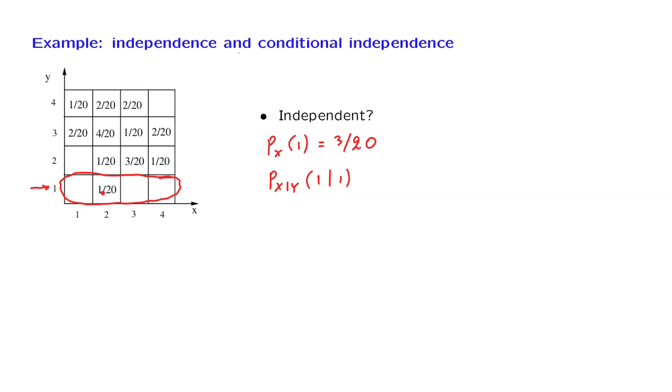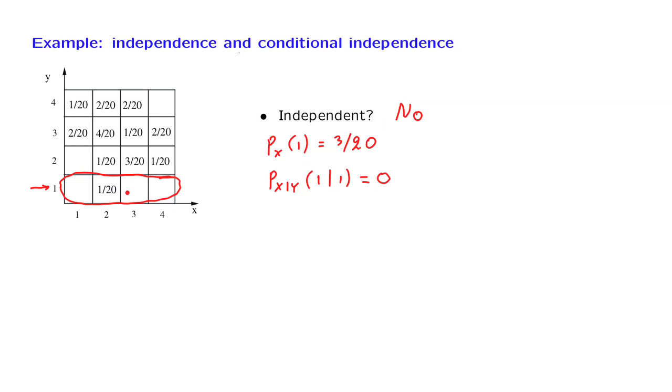In this universe, there's zero probability associated to this outcome, so this probability is 0, which is different than 3/20. And since these two numbers are different, this means that information from y changes our beliefs about what's going to happen to x, and so we do not have independence.